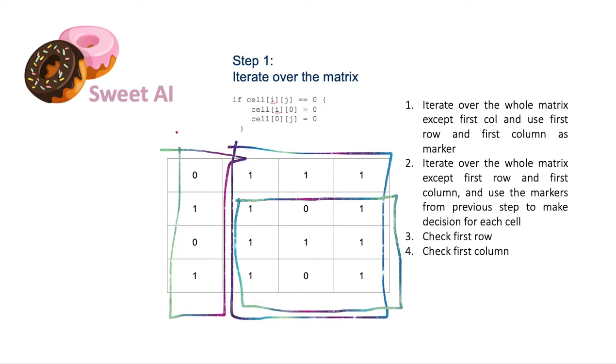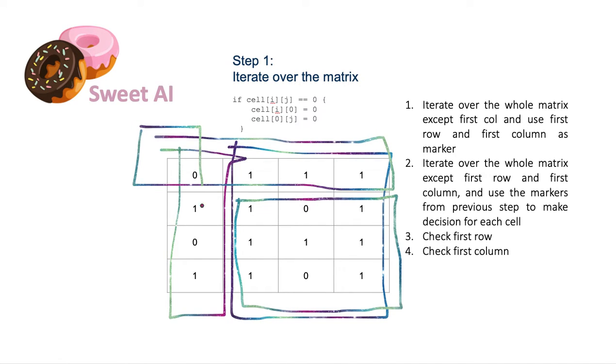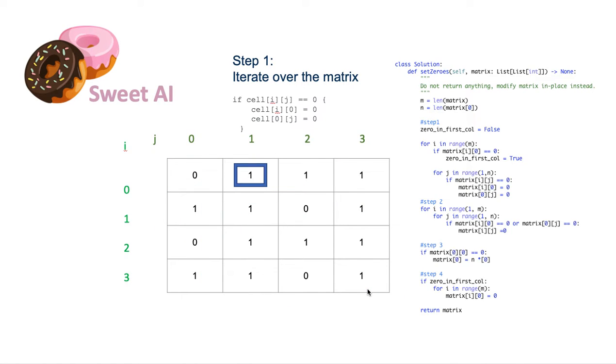And then we need to make sure that the first row and the first column are handled with the right condition. So we're going to do this in 4 steps. You might be a bit confused now, so we're going through the example and the code, and it's going to be easier to understand.